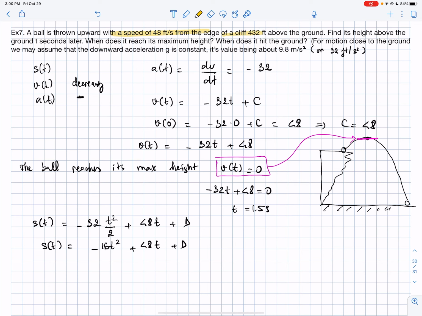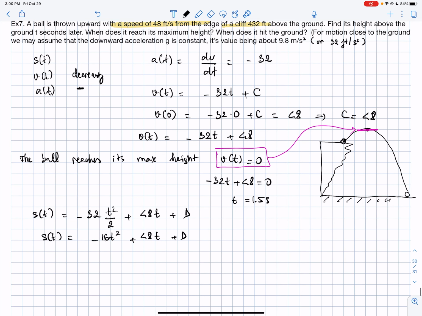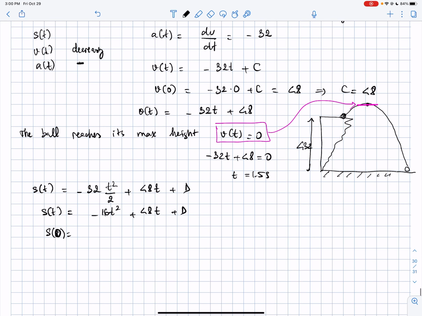The cliff is 432 feet above the ground. So at the beginning, which is t equal to 0, we are going to plug it in. When we plug in 0, the output will be 432.